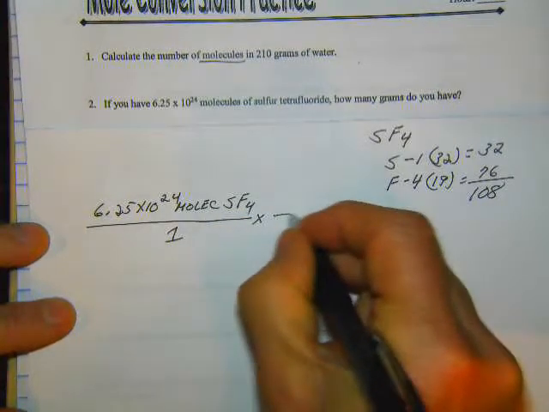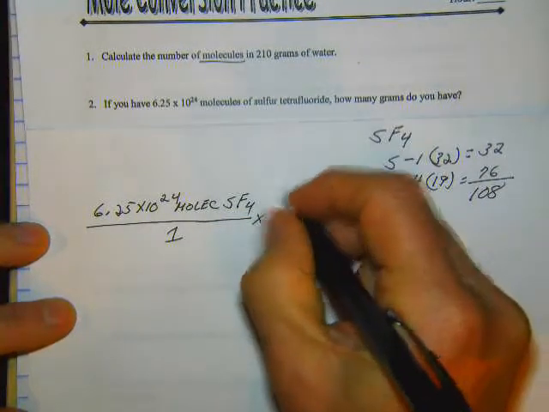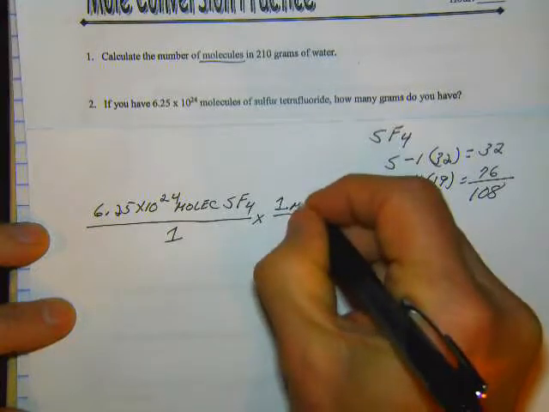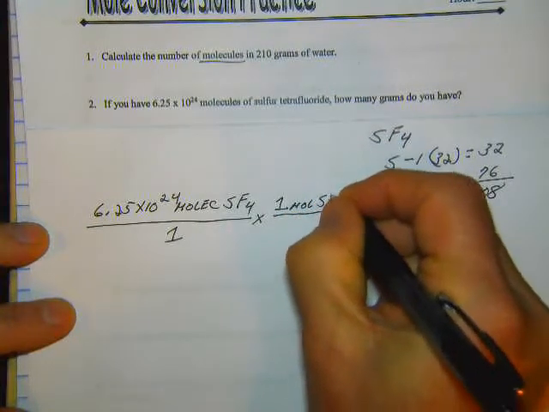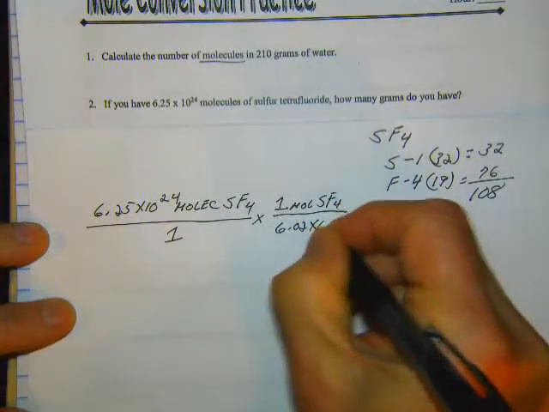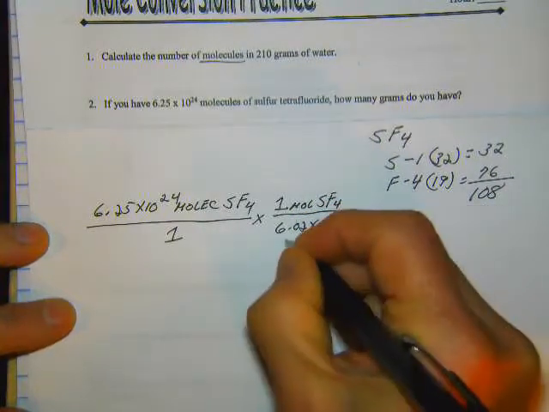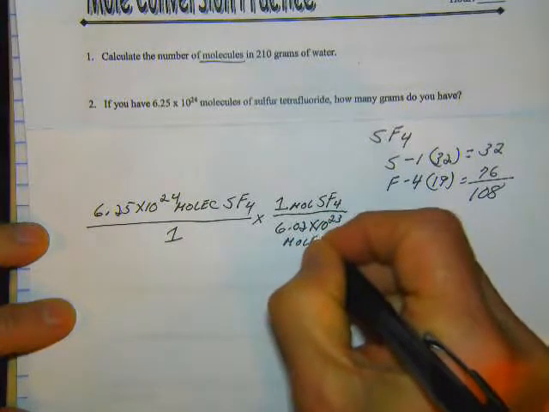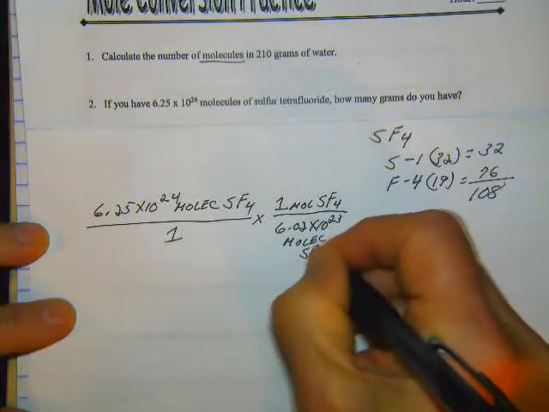And we know in 1 mole of sulfur tetrafluoride, there are 6.02 times 10 to the 23rd molecules of SF4.